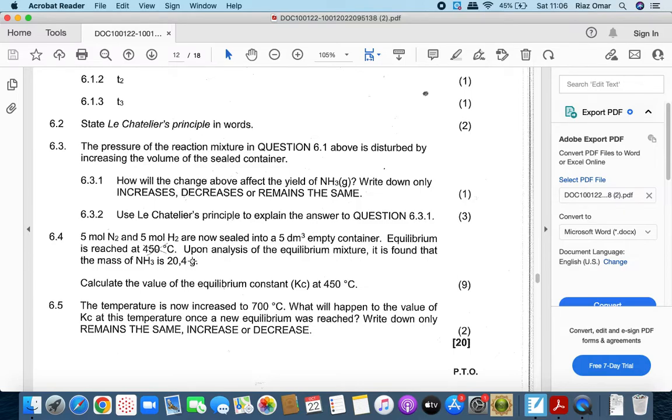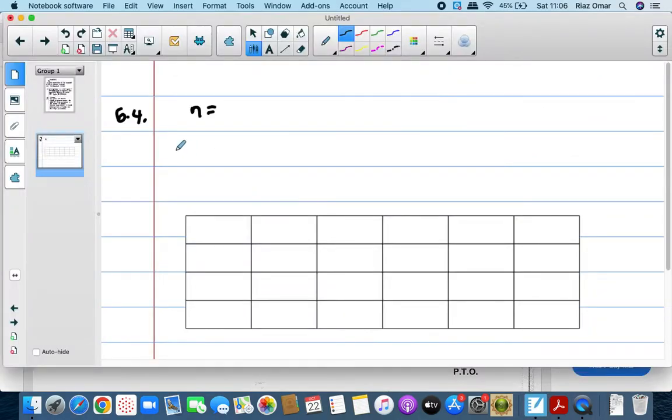Right, so if we must work out the number of moles, we've got a mole table, so we work out the number of moles of ammonia. Number of moles of ammonia is equal to actual mass over molar mass. The actual mass of ammonia is 20.4, and the molar mass of ammonia is 17, which gives us 1,2 moles.